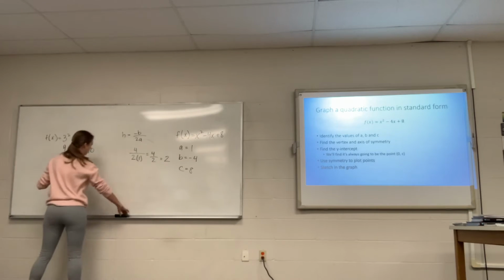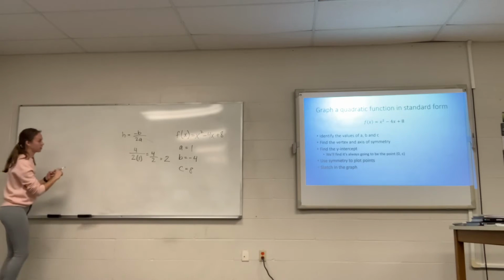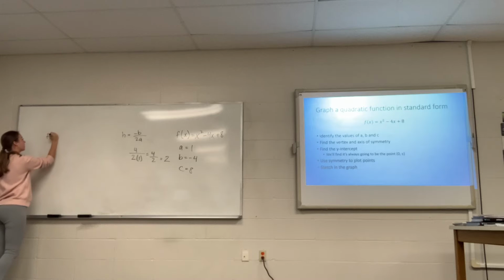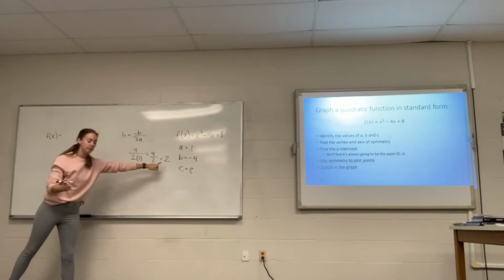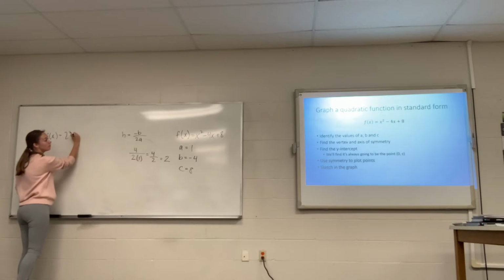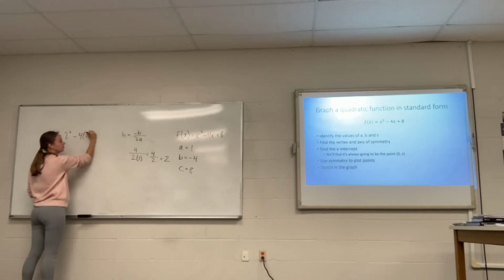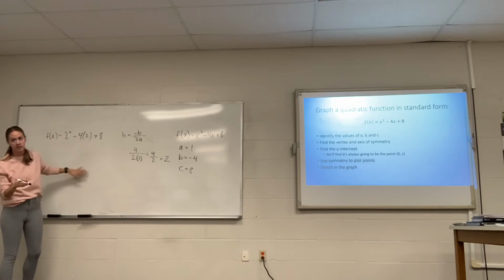So if I do that, I started with my original equation, so I have f of x is equal to x squared, but I'm going to plug in my 2 for my x. So I'd have 2 squared minus 4 times 2 plus 8. So then I'm just going to solve this out.